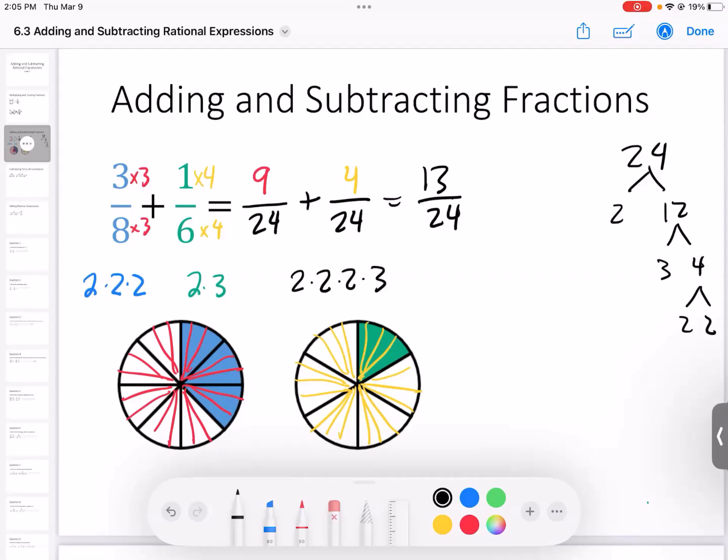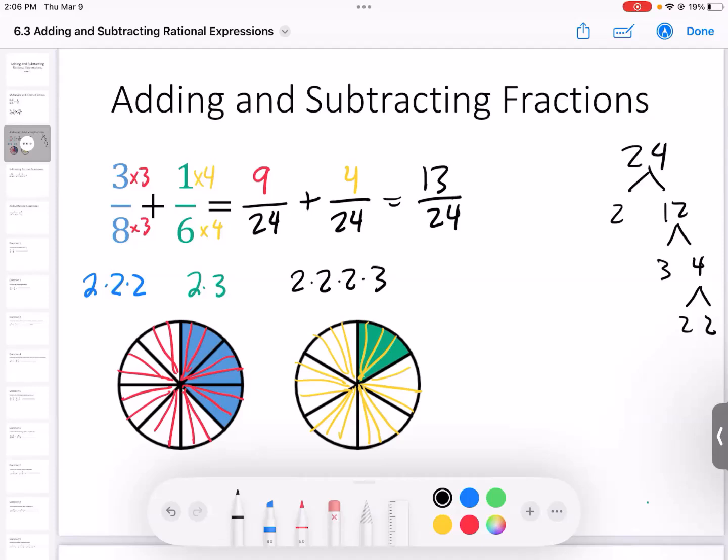So when we look at the factored form of these denominators, what pattern do you notice between the two original denominators and the common denominator that we needed to find to be able to add the fractions together? What do you notice about those factorizations? Because with polynomials, we'll be able to get the polynomial equivalent of things that are multiplied together.